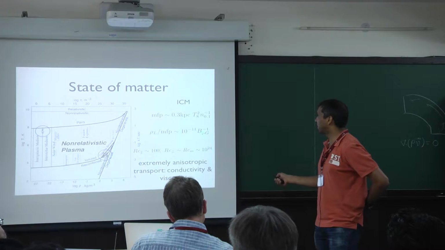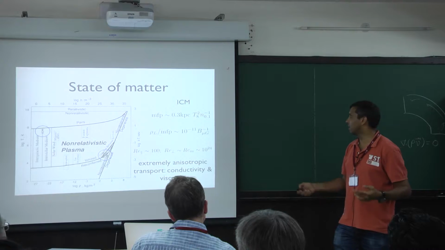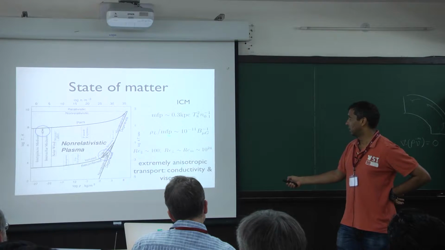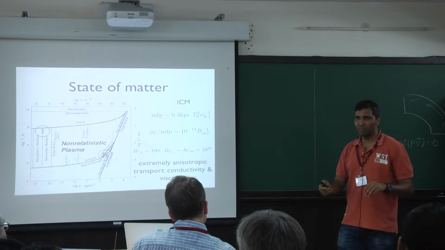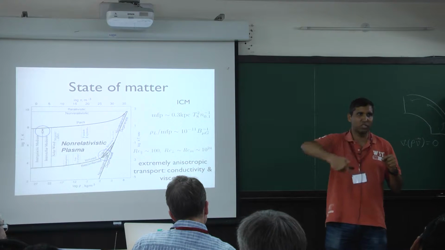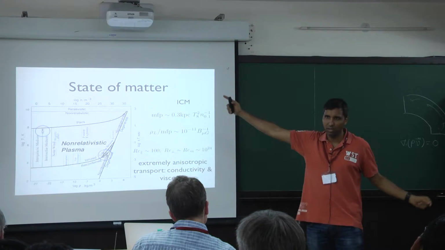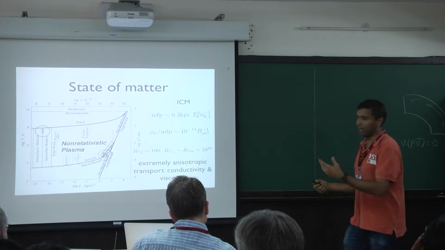If you put in this magnetic field, you can calculate the Larmor radius of an ion, and it's tiny compared to the mean free path. So basically the picture is you have these particles gyrating over very, very small orbits and going very, very long before colliding with another particle.